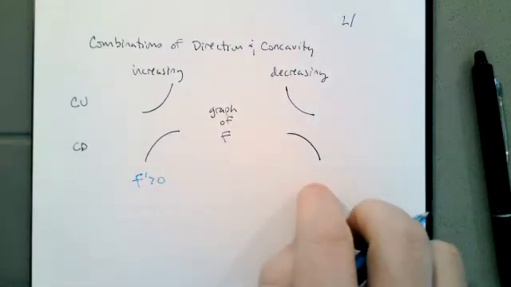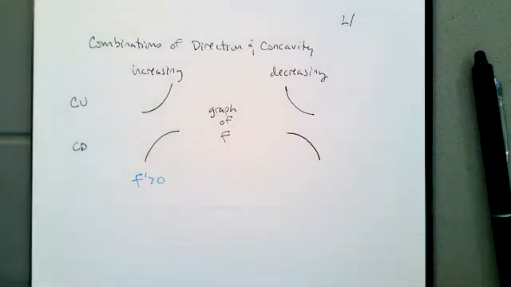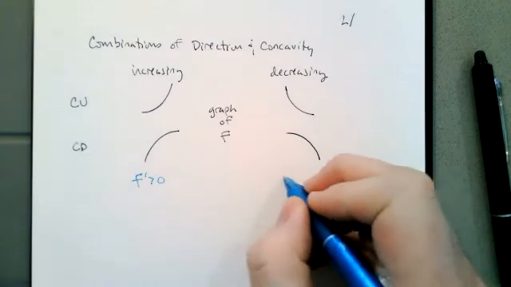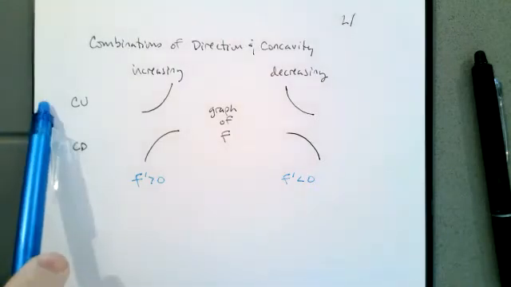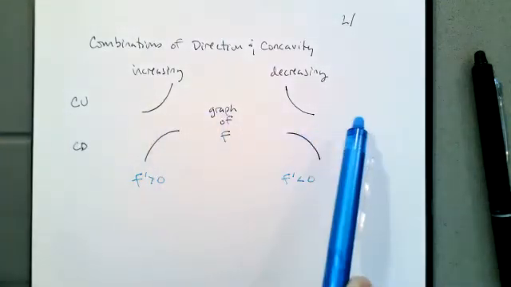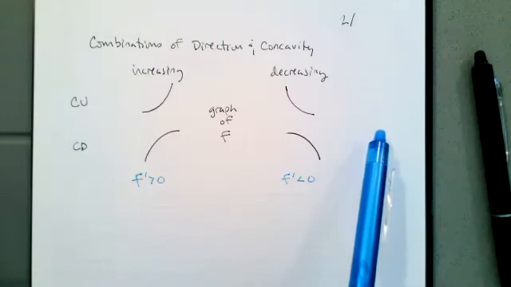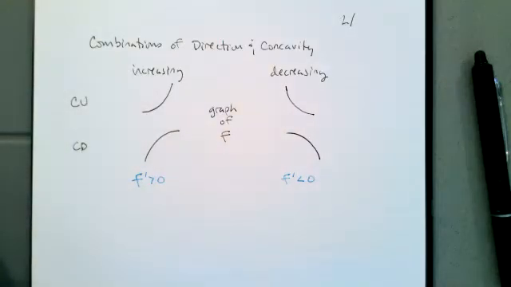In this second column, the first derivative will be negative. So if we look at the graph of the derivative, it will be below the x-axis. If we look at this first row, where the function is concave up, that's where the second derivative will be positive.